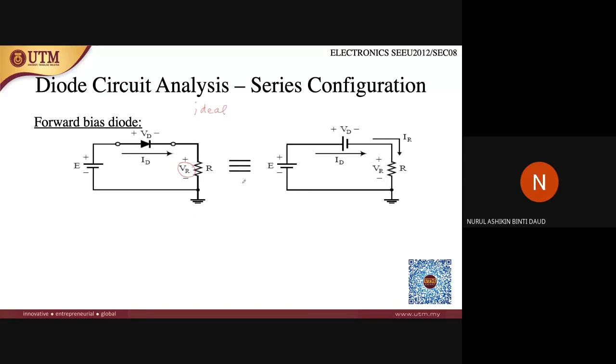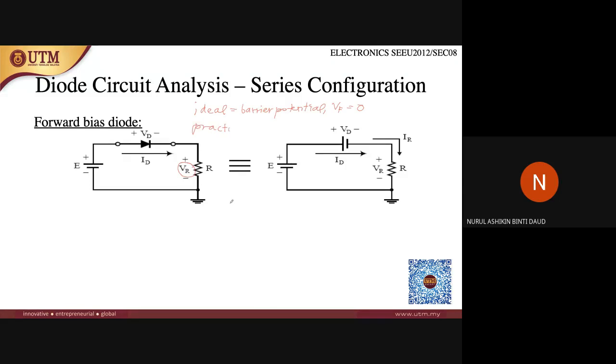What is the meaning of ideal diode? For an ideal diode VD, there is no potential barrier. The barrier potential is not taken into account. So VF is equal to 0.